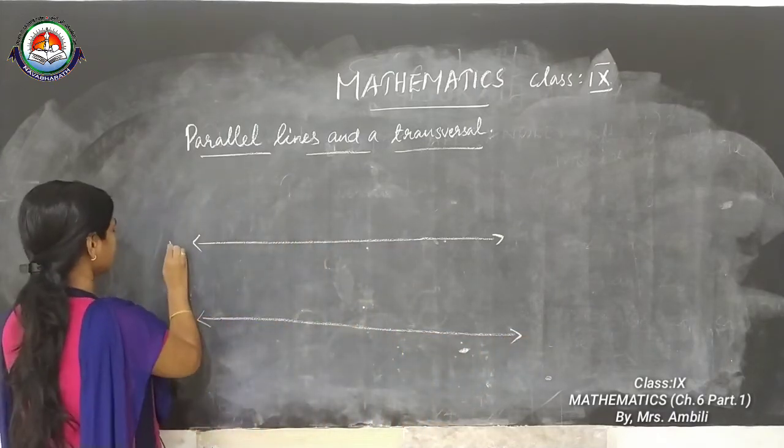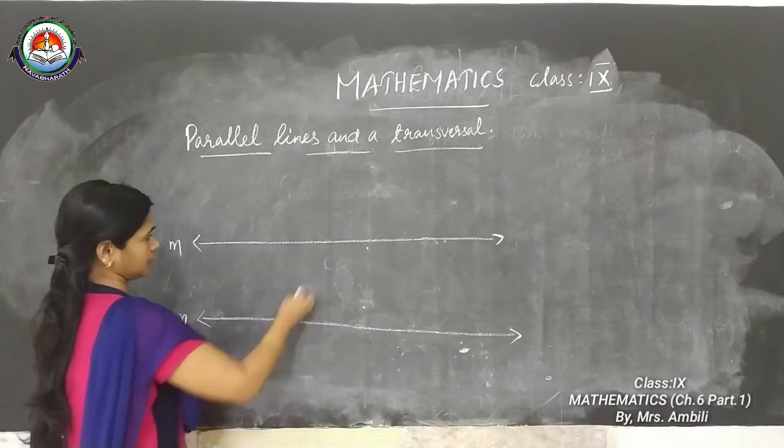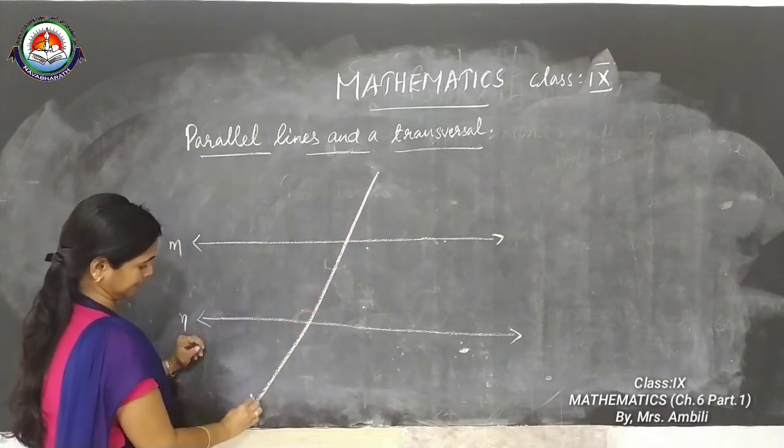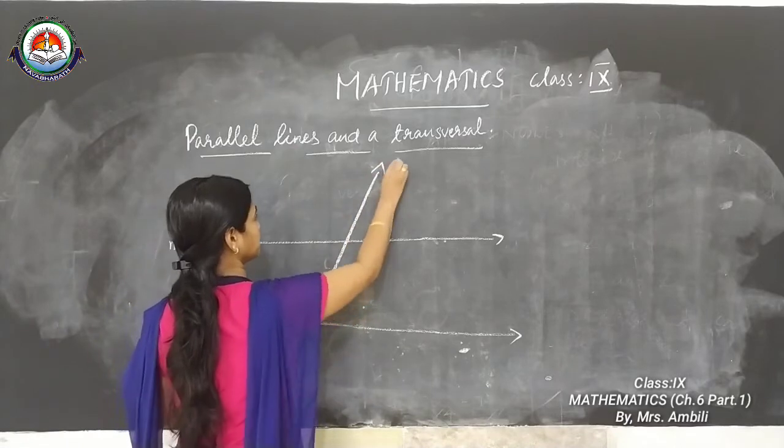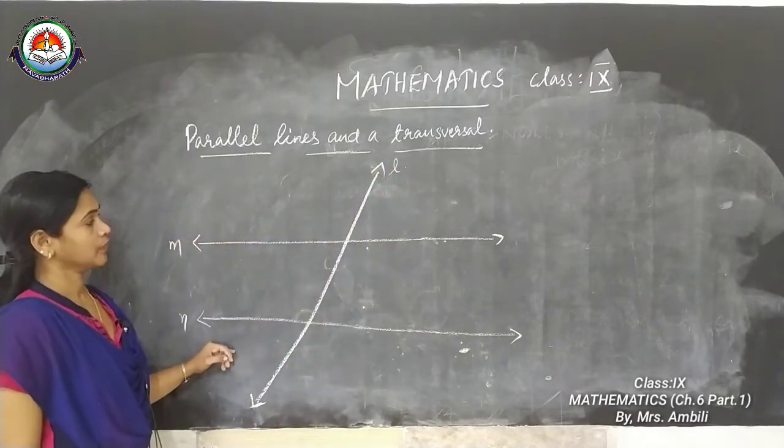Two parallel lines M and N. L is the transversal. Okay.